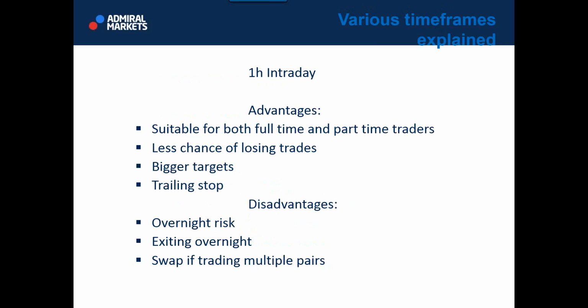You have less chance of losing trades, again, because you're doing an intraday time frame. Bigger targets, definitely 20, 30, 50 pips, even more possible. And intraday positioning gives you the chance to use trailing stop. After 15, 20 pips, you can use trailing stop.